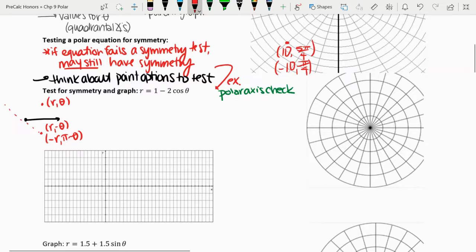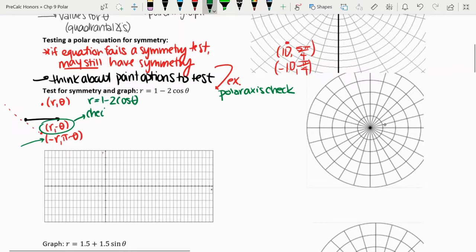So just like when we subbed a negative x in for our even symmetry check, we're going to sub in any of these points. So for this, I would sub in a negative theta. If I wanted to use this point to check, I would sub in a negative r and a pi minus theta. So I'm going to use this for my check, and I'm just going to compare. So the original equation is r equals 1 minus 2 cosine theta.